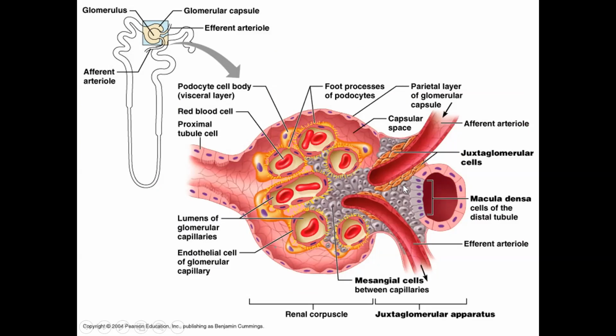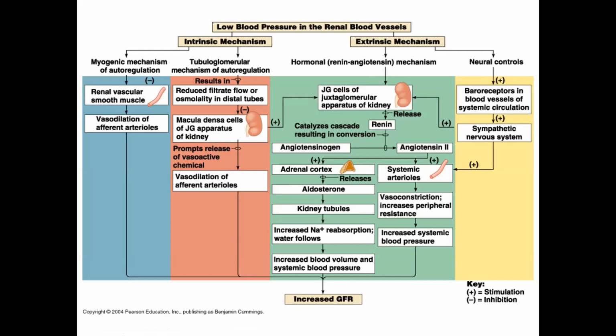By releasing renin, granular cells can change systemic blood pressure and then change the glomerular filtration rate. We already talked about this part in the early Unit 3 lectures on blood pressure regulation.